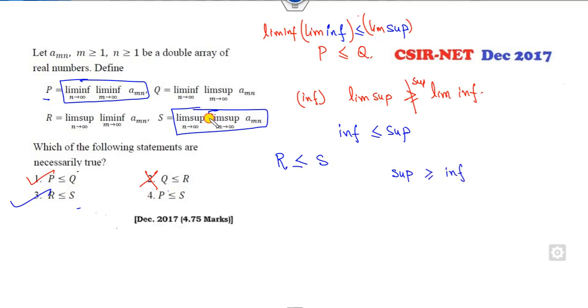Now outside is again a supremum and infimum. If I apply the supremum on this, it must be greater than the infimum of this. So definitely S is greater than P is the correct answer. So A, B, A, C and D are my correct answers.